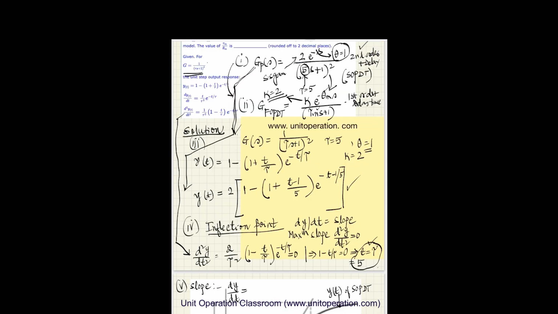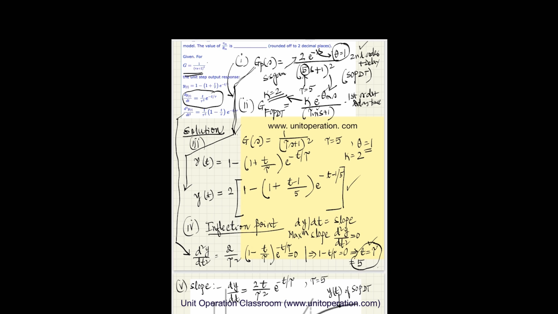Now, what is the value of the slope at this point? The slope value is dy over dt, which is given as t over tau squared, and we have to take care of the steady state gain: 2 times t over tau squared, e to the power minus t over tau. We know tau is equal to 5 and t is equal to 5.